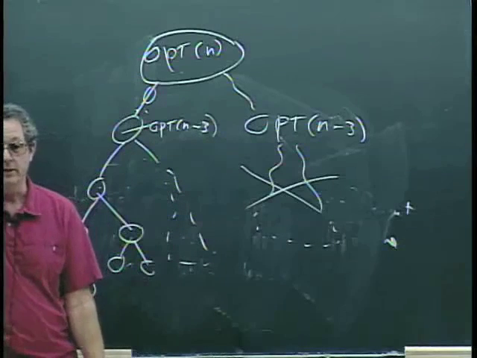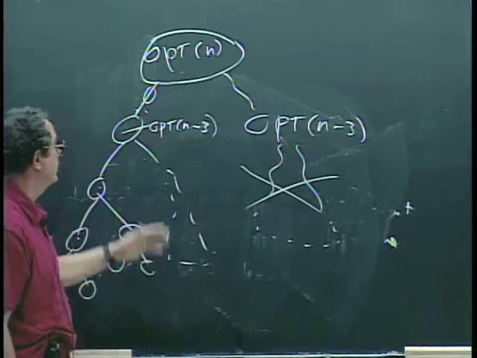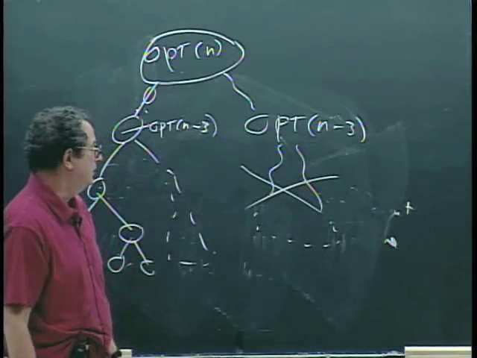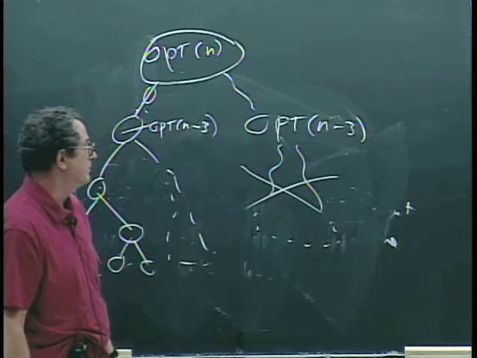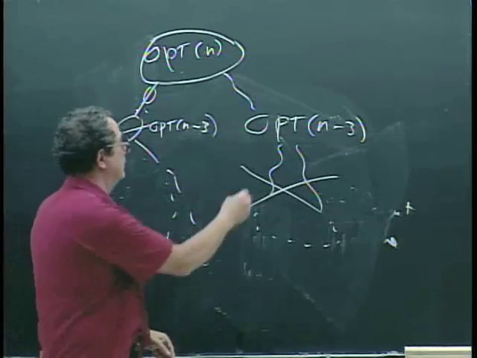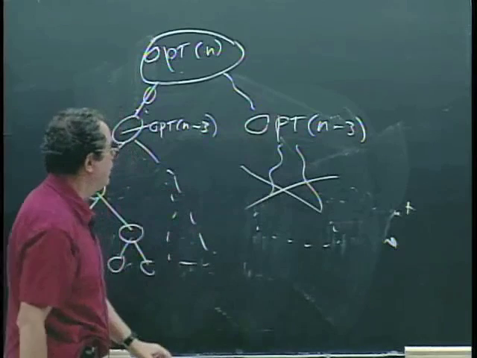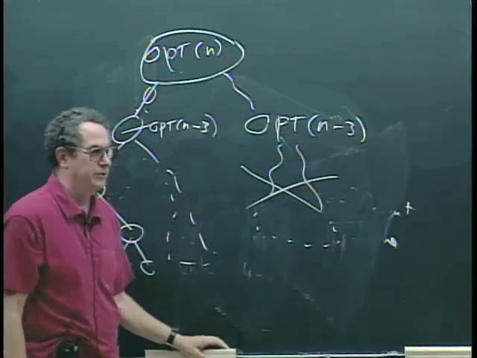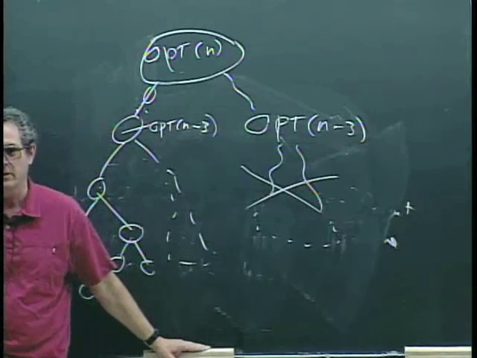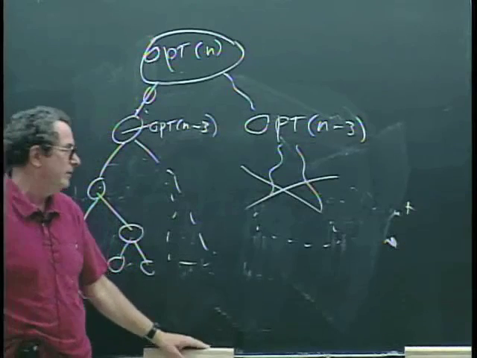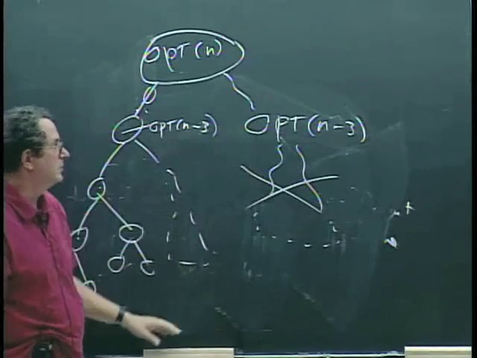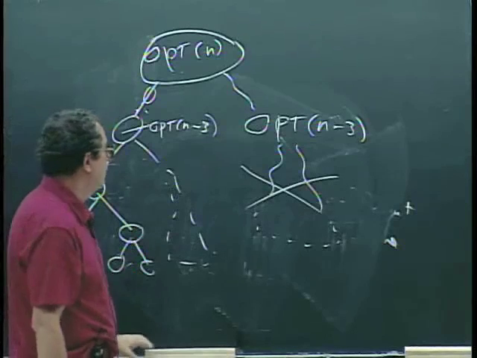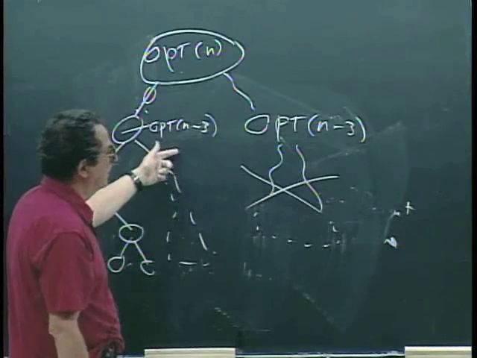So it seems like a good idea, unless the overhead of putting things in a table and looking things up is more than the advantage of doing this, but in all but the most very efficient kinds of maybe tail recursion or some situations like that, this idea of memoization will definitely be of value. Okay, but let's try to analyze how much of value.